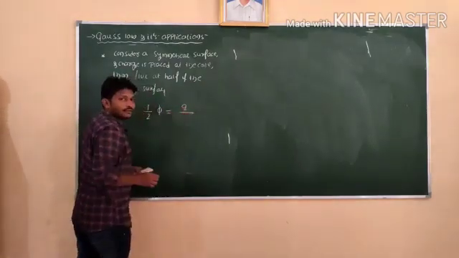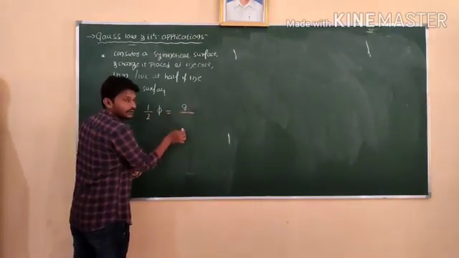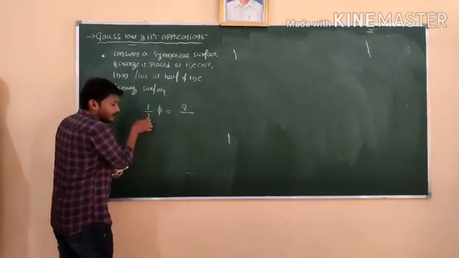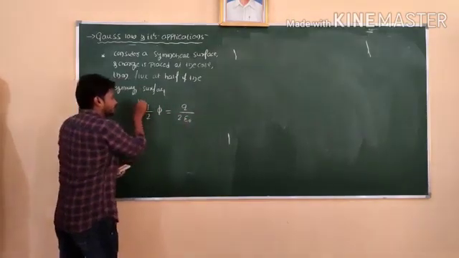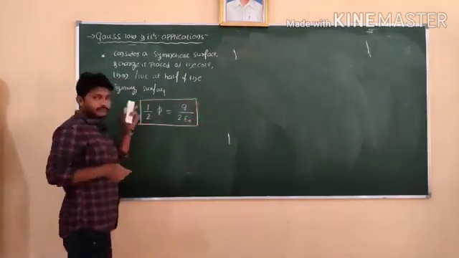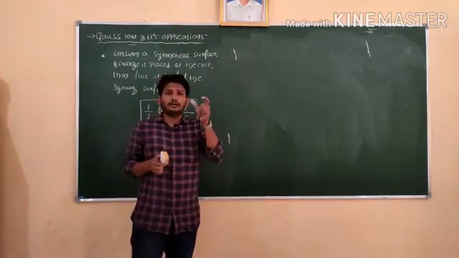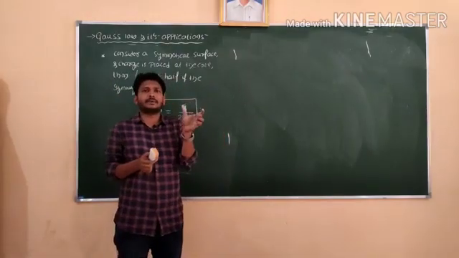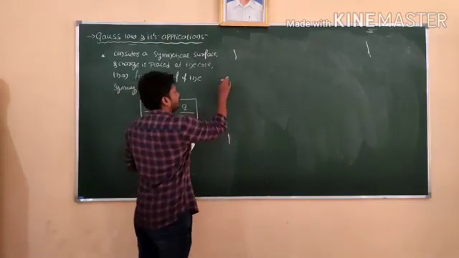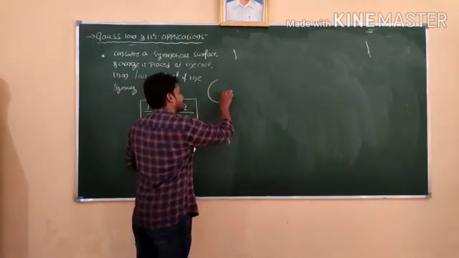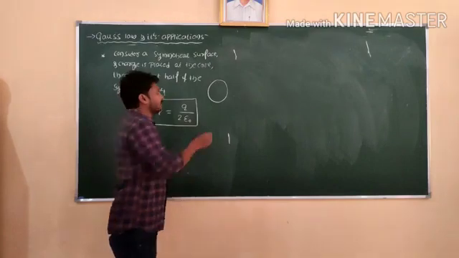So what is the value of electric flux? Flux phi is equal to Q by epsilon naught. If 2 is in the denominator, it means Q by 2 epsilon naught here. Hope you understand. For example, you may consider one cube here, or you may consider one spherical body.